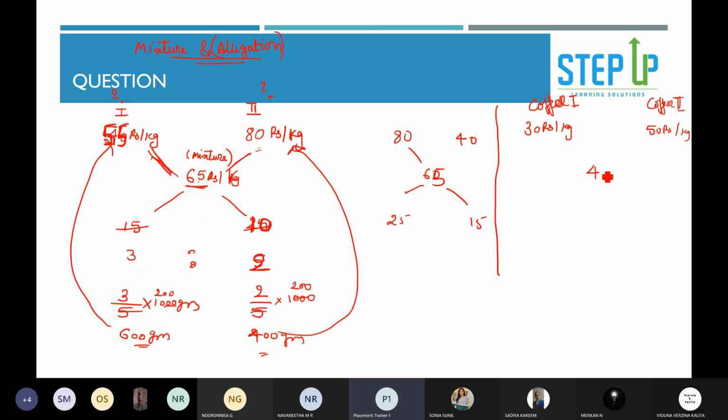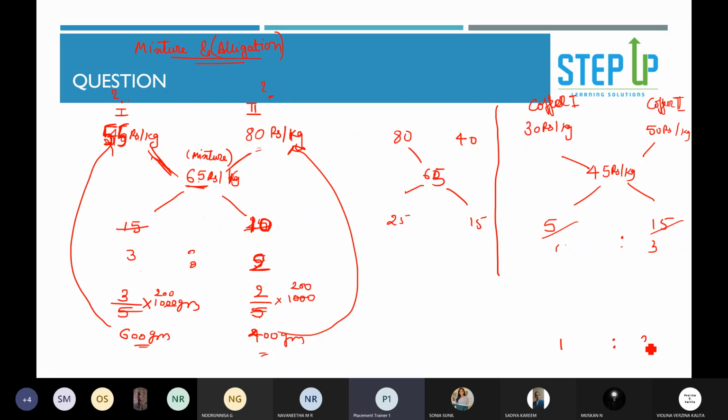The mixture is of 45 rupees per kg. What should be the ratio? One is to 3. 1:3. 5:15, 1:3. Right. Okay.